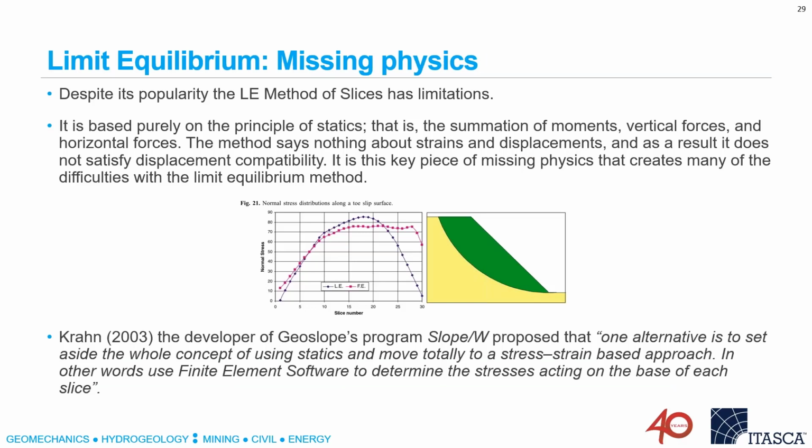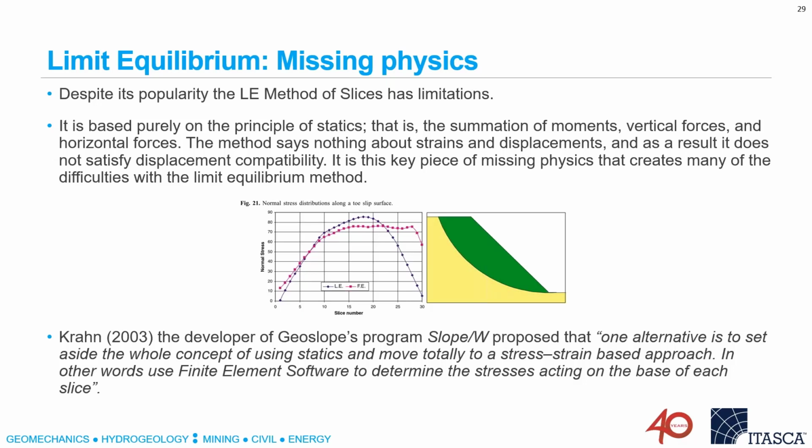Now, let's talk about some of the missing physics in limit equilibrium. So first of all, we have to acknowledge limit equilibrium methods have been popular for a very, very long time due to their simplicity and ease of use, but they do have limitations. And we have to recognize that they're based purely on statics, usually summing moments and forces vertically and horizontally.